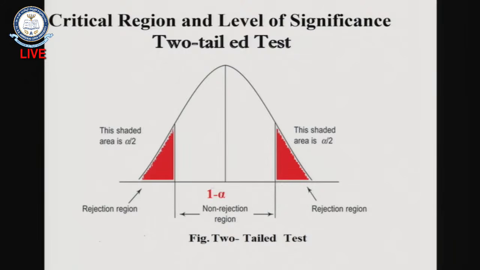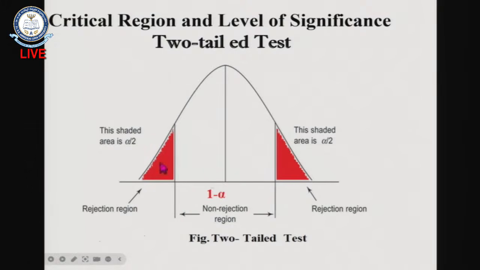There are possible combinations: either mu is not equal to mu naught, or mu is less than mu naught, or mu is greater than mu naught. For the not equal alternative, we apply the two-tail test. You can check the red color here: the test is shaded on two sides.